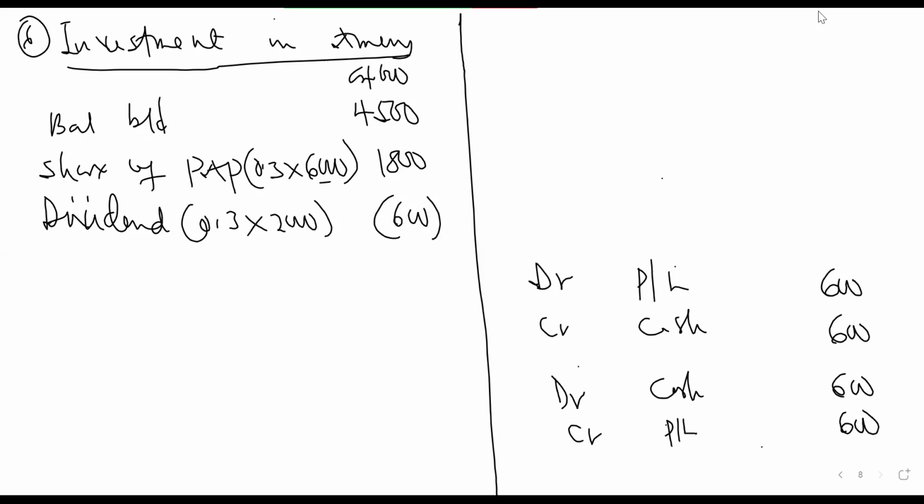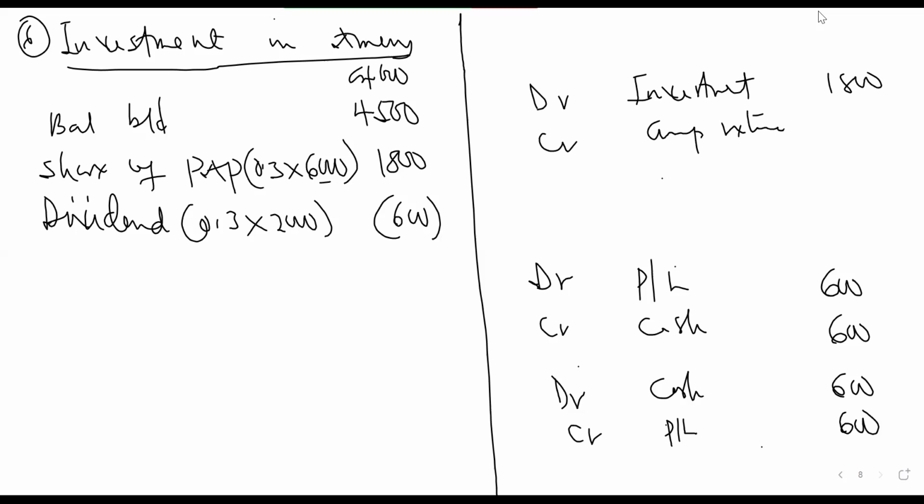Okay. But the question is, let's come here. The share of the profits that you are going to be receiving from these people will be, you debit your investment of 1,800. Then you credit your group retained earnings.